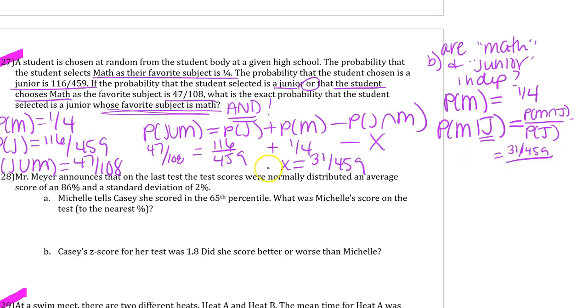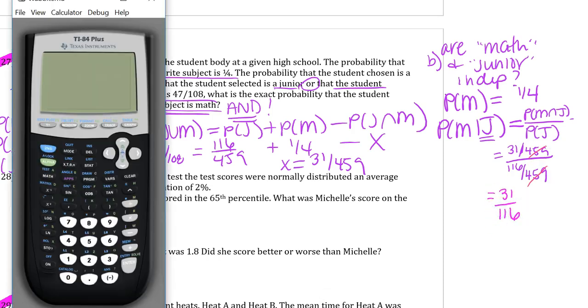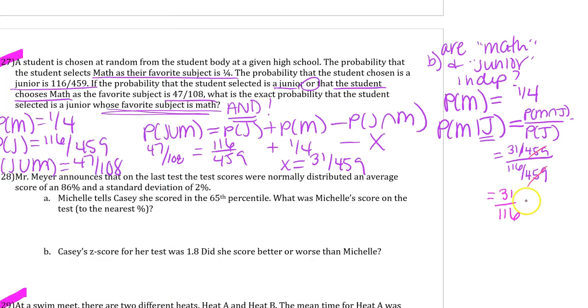The probability of being junior was 1/16 out of 459. Those would actually reduce, so I'd have to do 31 over 1/16 in my calculator. And that's 0.26 some. Okay, as for this, it is 0.25.